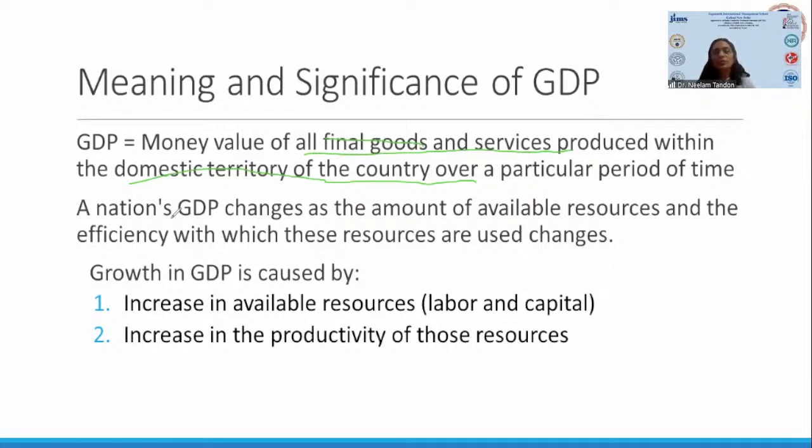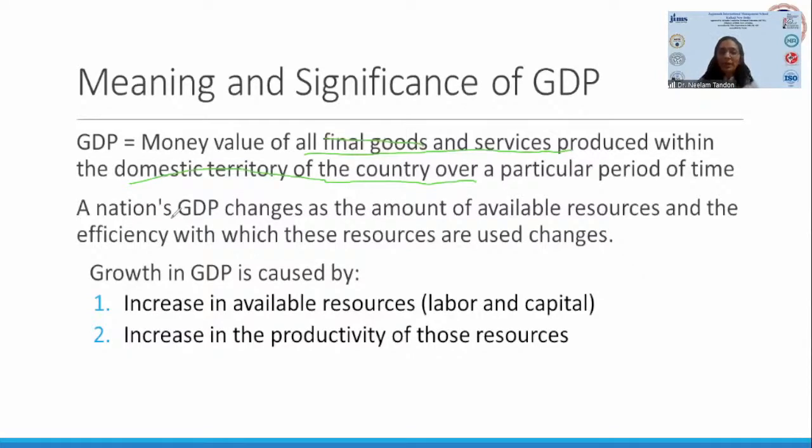And GDP depicts what? Production within the domestic territory. So for example, Samsung having its unit in India. Samsung is a foreign player. Samsung producing mobiles in India or anything in India. Will it be counted in GDP of the country?